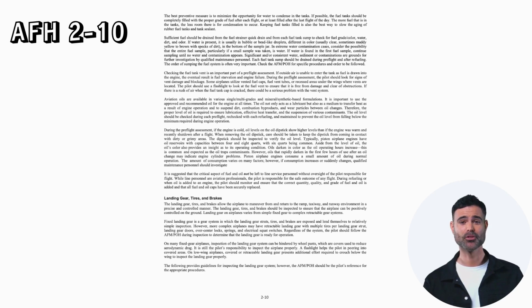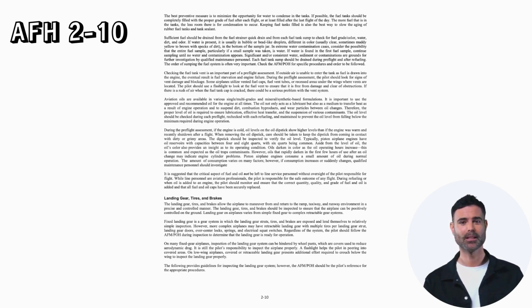Sufficient fuel should be drained from the fuel strainer, quick drain, and from each fuel tank sump to check for fuel grade, color, water, dirt, and odor. If water is present, it is usually in bubble or bead-like droplets, different in color, usually clear, sometimes muddy yellow to brown with specks of dirt, in the bottom of the sample jar.